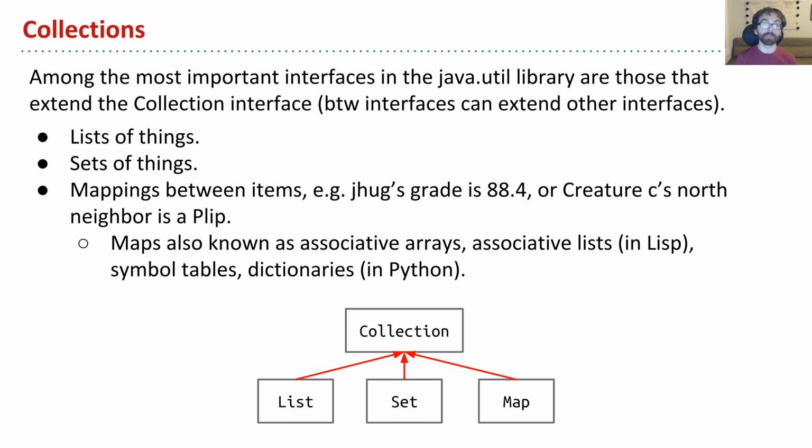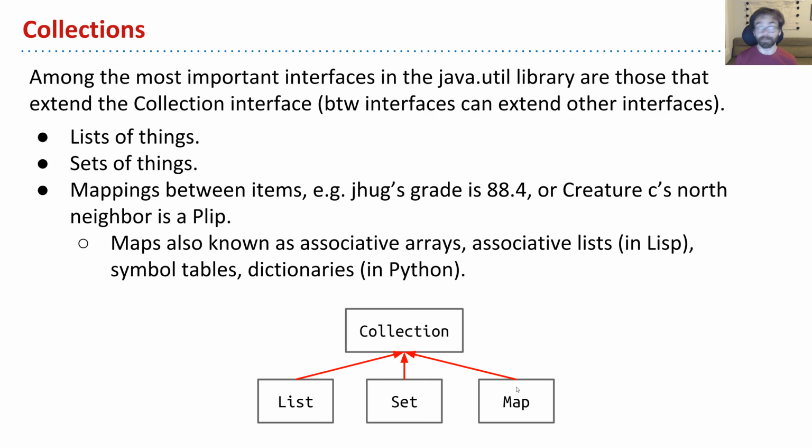Now, some of the most important abstract data types that Java has available to us in the form of interfaces are the list, the set, and the map interfaces. These are very famous. They are interfaces that each extend the collection interface. So this represents lists of things, this is sets of things, and lastly we have map, which is mappings between items.